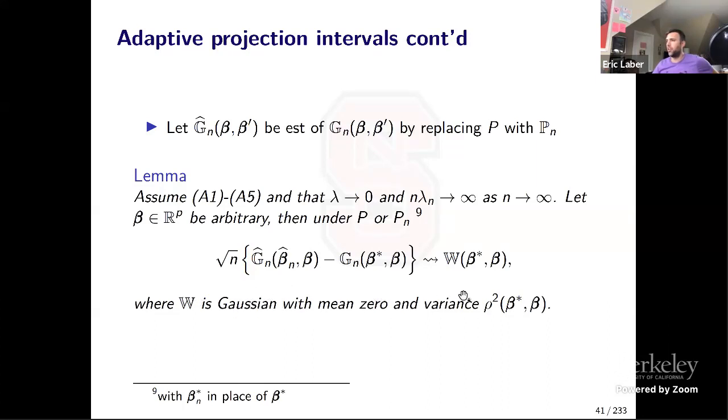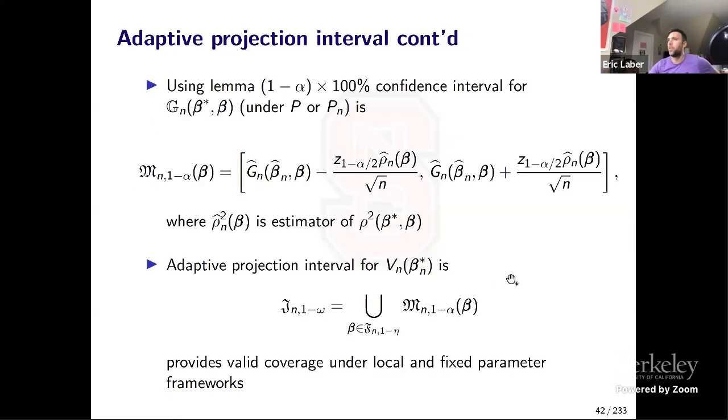And in particular, we can have a projection set, but the projection set might only affect this second term. So how do we do that? Well, under that lemma, we can construct a confidence interval for G beta star for fixed beta. So we want a confidence interval.